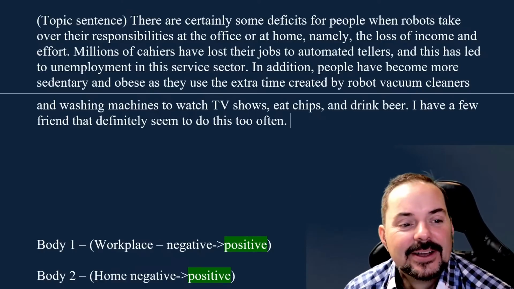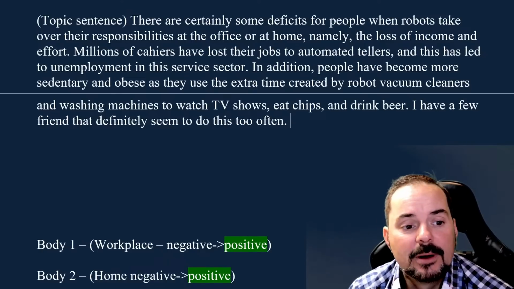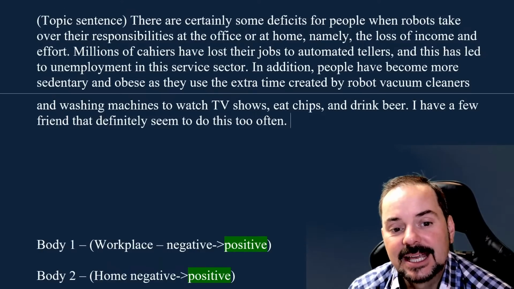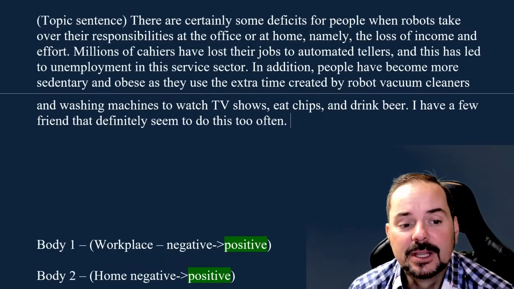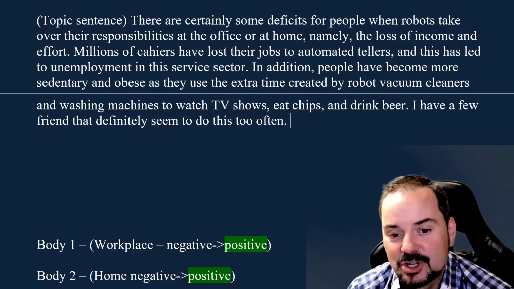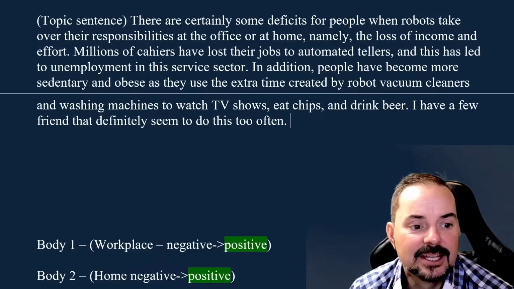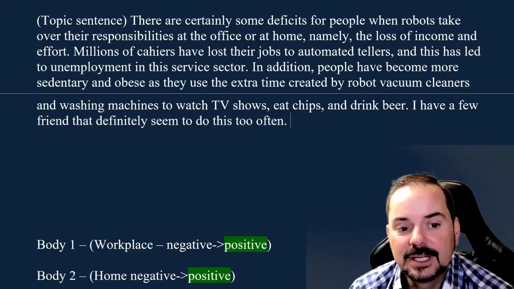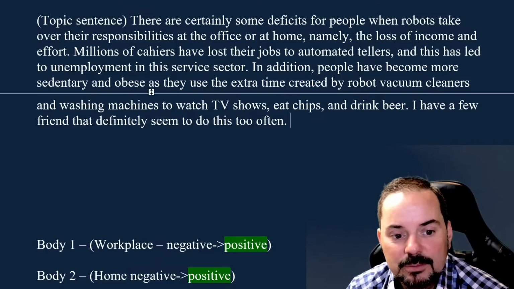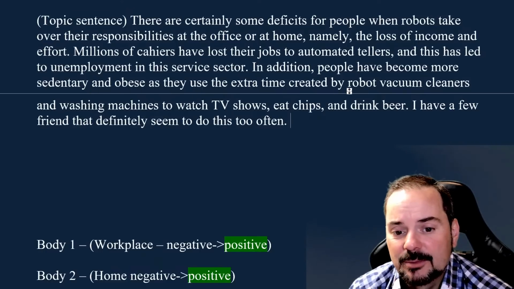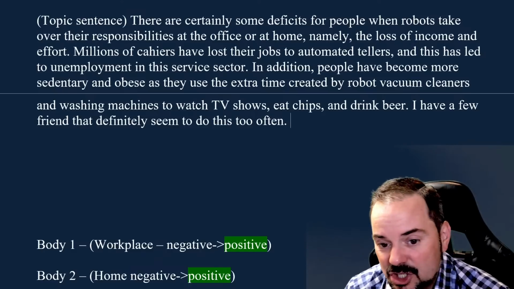Okay, so there are certainly some deficits for people when robots take over their responsibilities at the office or at home, namely the loss of income and effort. Millions of cashiers have lost their jobs to automated tellers, and this has led to unemployment in this service sector. In addition, people have become more sedentary and obese as they use the extra time created by robot vacuum cleaners and washing machines to watch TV shows, eat chips, and drink beer.